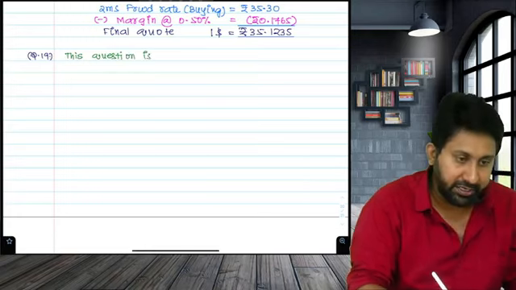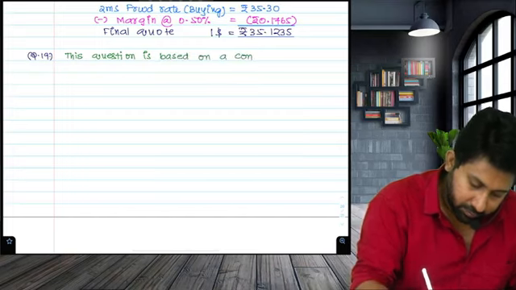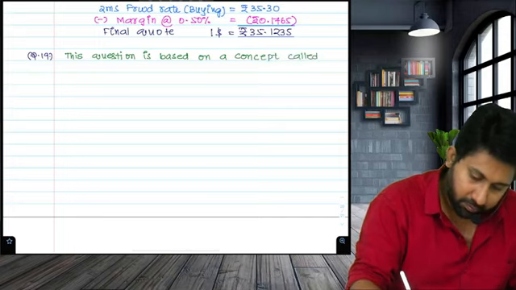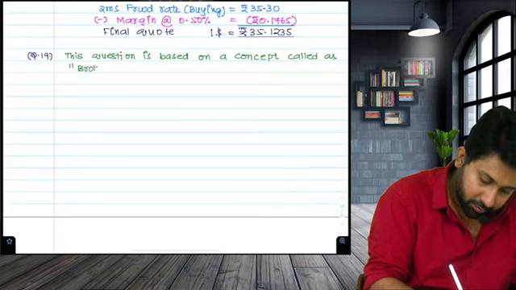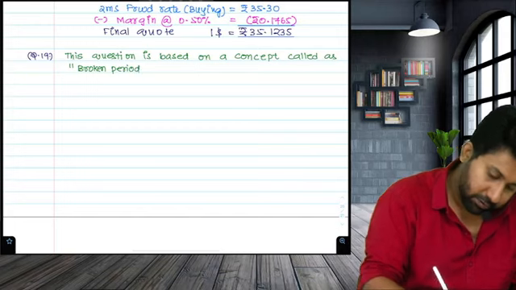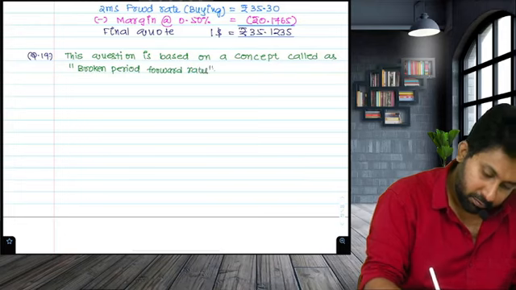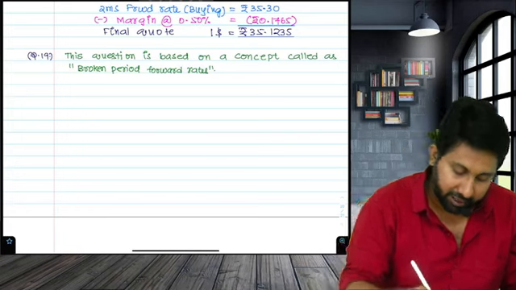This question is based on a concept called broken period forward rates.